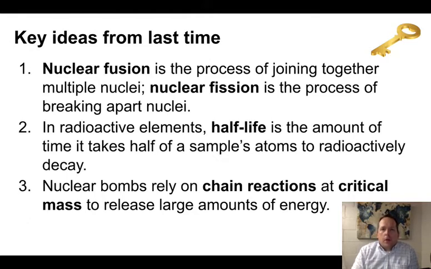And nuclear bombs, if you want to build them, require you to have a device that allows for a chain reaction, that is, one nucleus splitting, causing other nuclei to split, causing other nuclei to split, and keep growing exponentially that way. You also need something called critical mass. You need enough fissionable nuclei packed in a small enough space that in doing so you'll get the chain reaction and you'll release tremendous amounts of energy.